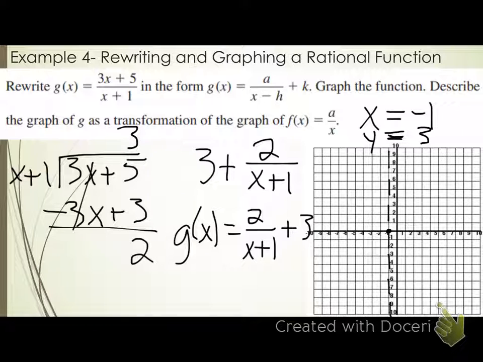Okay, y equals 3. Which axis is that crossing? The y-axis, where? At 3. Put a point at 3 on the y-axis. Horizontal or vertical? Horizontal. There's my asymptotes. We got those?